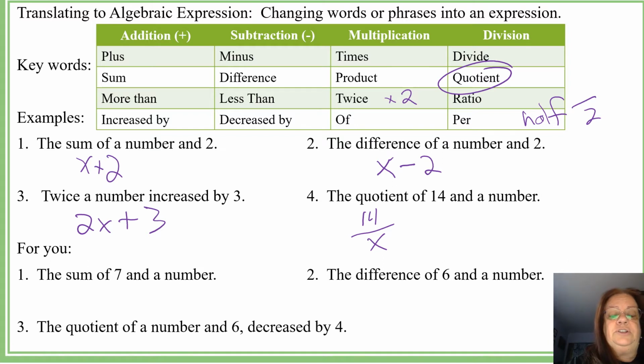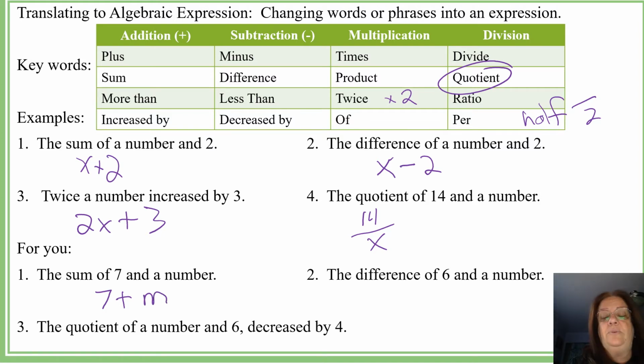All right, I want you to do these last 3. The sum of 7 and a number, so 7, sum, so it's a plus, and then our variable, x. You could put a, you could put whatever you want. The sum of 7 and a number, let's just for fun say m.